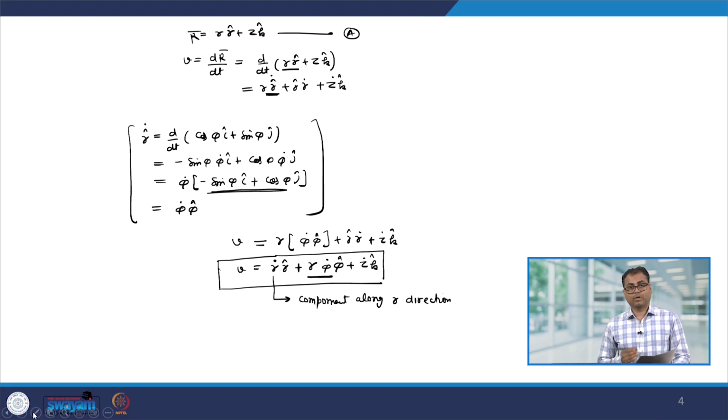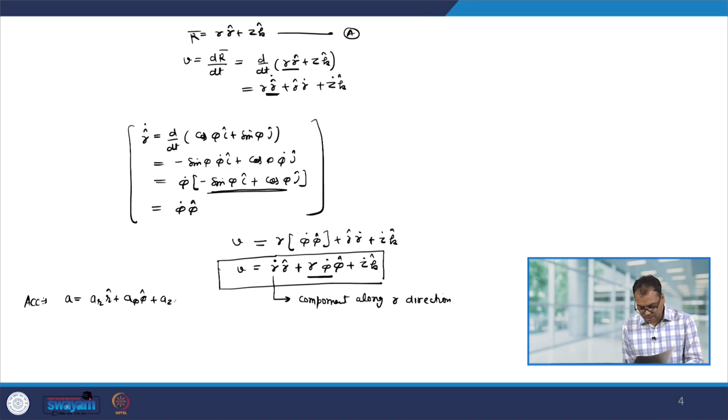Now, this is your homework problem. To find out the acceleration, I am giving you the final answer. The acceleration A, let us say it is written in this form, A r r cap plus A phi phi cap plus A z k cap. Then the value of A r will be r double dot minus r phi dot square.